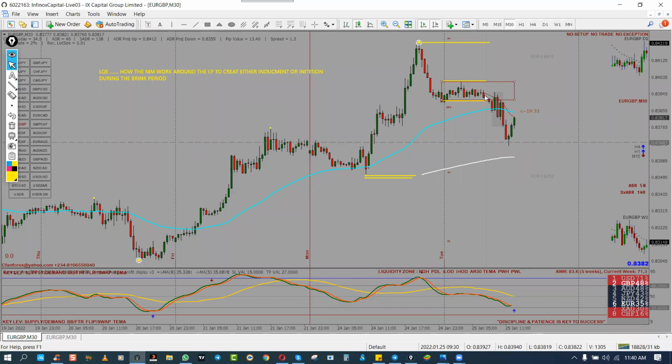So when we talk about the Asian range, this is the Asian range. You bring it here, then you bring it here. That is a maximum of 2 times the Asian range. Like ICT or whatever, call it 2 standard deviation of the Asian range. That is the stop hunt zone.